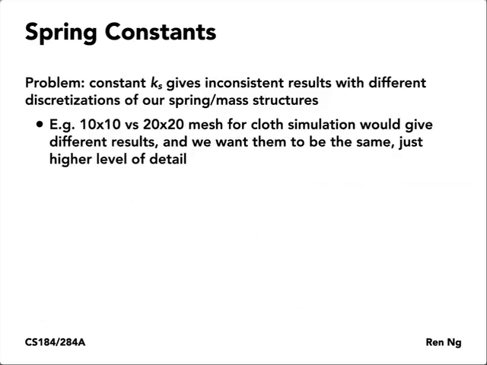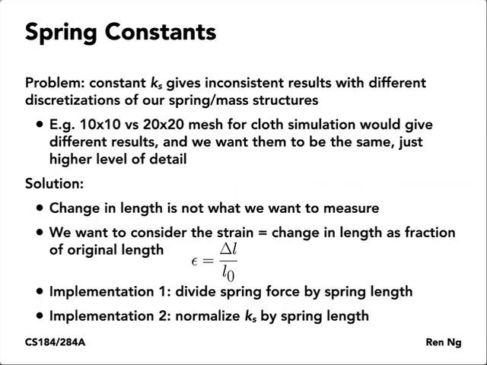So the problem here is that this constant k sub s for the spring constant gives inconsistent results that are dependent on the discretization level of the spring mass structures. And the solution is to work not with a change in the absolute length of the springs, but rather to consider the strain, which is a relative change in the length.